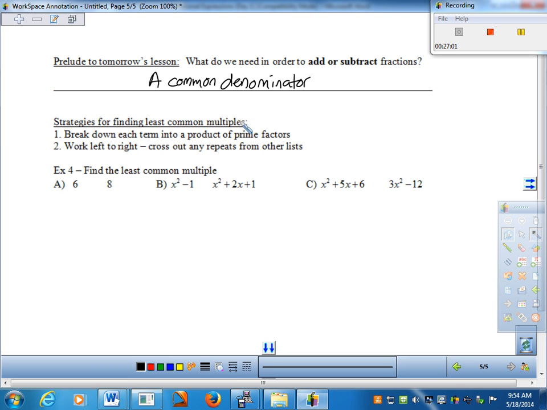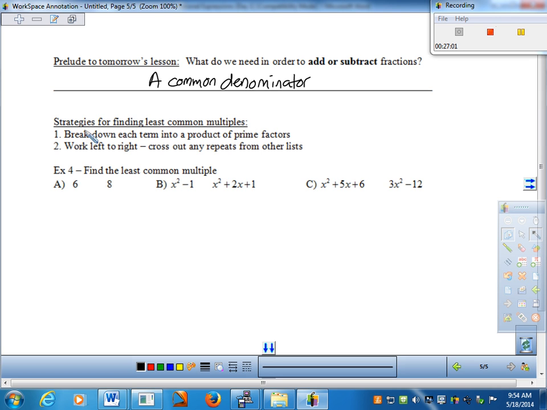So when we talk about LCD, you probably have seen that before. Least common denominator, really what that represents is the least common multiple of the denominators. So I have a couple strategies here to get us thinking about it, especially when it becomes more abstract. But let's see what we can do.